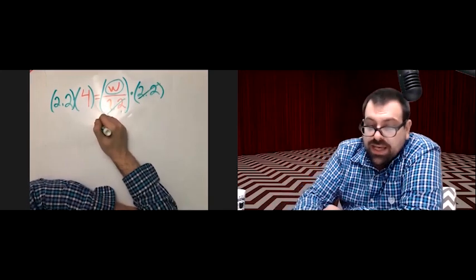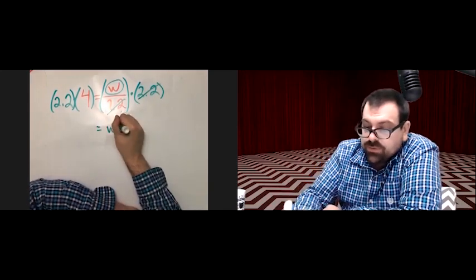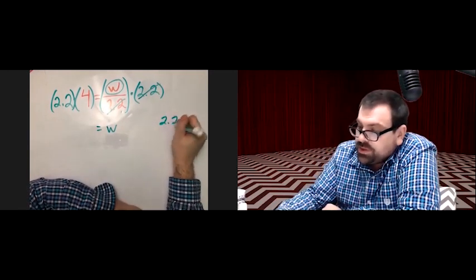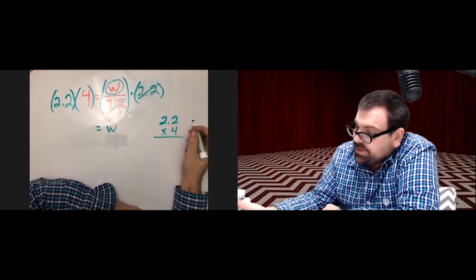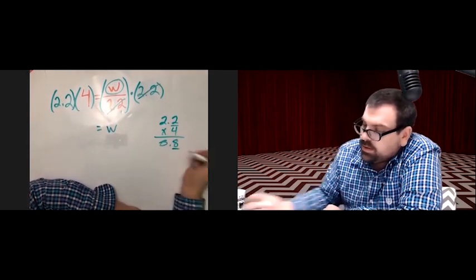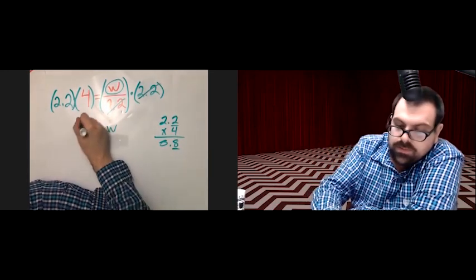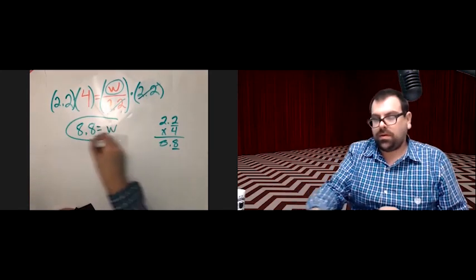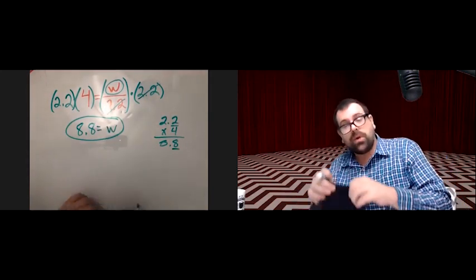The 2.2's cancel out on the right, just leaving us with our W. On the left, we need 2.2 times 4, and that's going to give us 8.8. W equals 8.8.